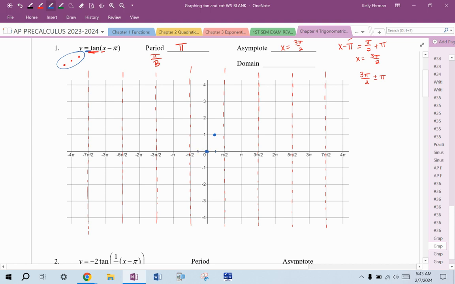And then halfway between the middle point and the other asymptote, you reach -1. And then you draw your branches. It's concave down to the left, concave up to the right. And then you just copy this shape because this is a periodic function. Copy the shape into each section enough to fill the window.